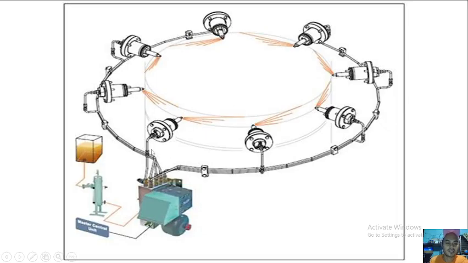So this is an automatic lubricator. It has multiple injectors that will inject oil all around the piston and liner, so that the piston can move better.